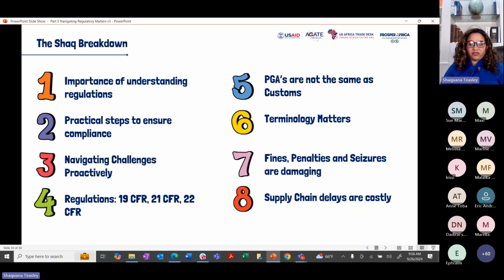Because if you submit that and the agent or trade expert on the US side has not been in agreement, they do not want to put themselves at risk of doing your documentation without having formal agreements with you directly. So let's not take that lightly. I think there are so many opportunities through the US Africa Trade Desk, USAID and Prosper Africa, and the initiative that is being put at the forefront as an opportunity. This is a great time to ensure that you're taking advantage of that so you can have the support you need throughout the entire supply chain process.